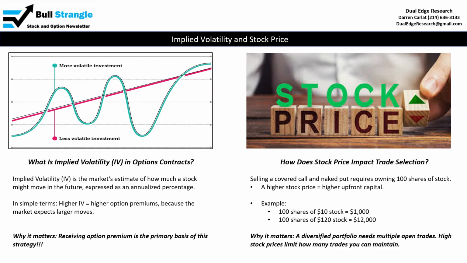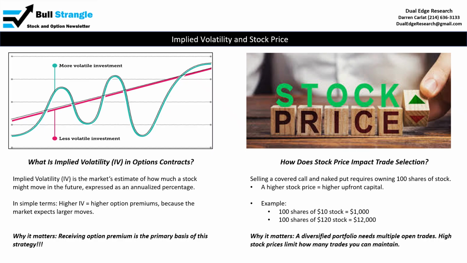So there is obviously a big difference between the two. Now, you have more flexibility with these lower priced stocks if you have limited capital. So why it matters? A diversified portfolio means multiple open trades, and high stock prices limit how many trades you can maintain.